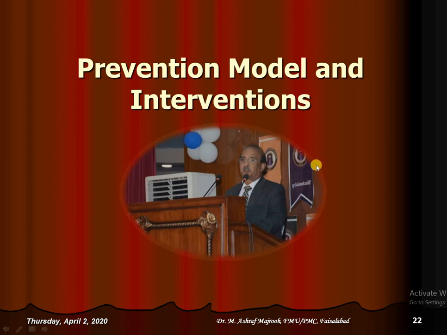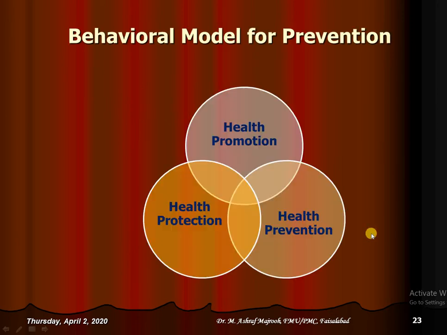Then a prevention model and intervention. The prevention model is a behavioral model for prevention used for occupational health. It consists of three main strategic areas: health promotion, health protection and health prevention.